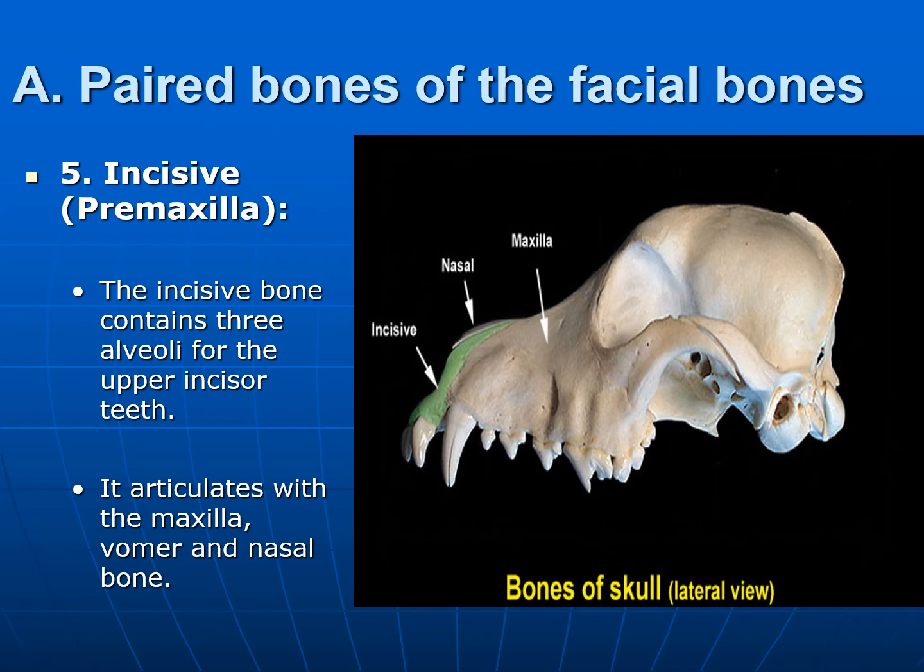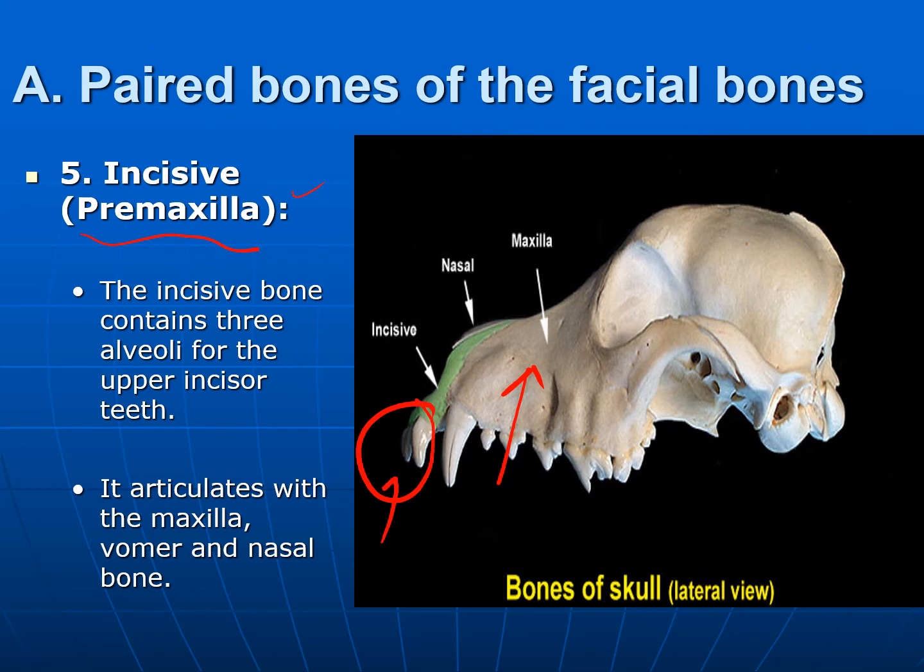The fifth bone we have is the incisive, also called the premaxilla, because it's just rostral to the maxilla, and it contains the three alveoli for the upper incisor teeth.